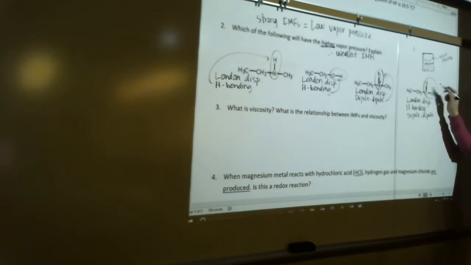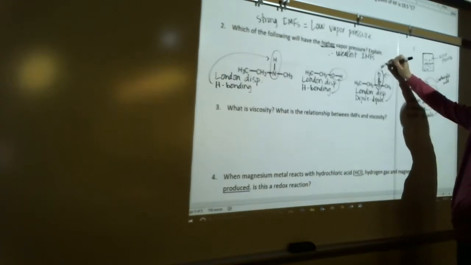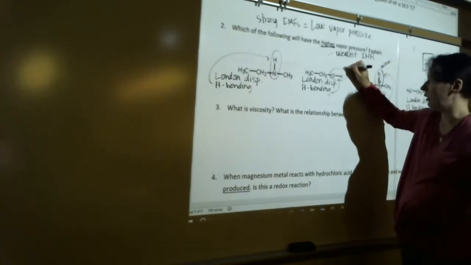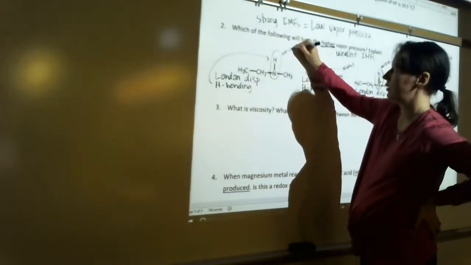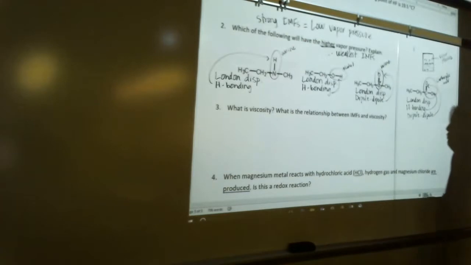Because this is a functional group that you're responsible for. What's this one? Carboxylic acid, right? So the hydrogen bonding is from right here, and the dipole-dipole is from right here, right? And that's a ketone, that's an alcohol, and that's an amine. Just a nice review of our functional groups while we're at it.